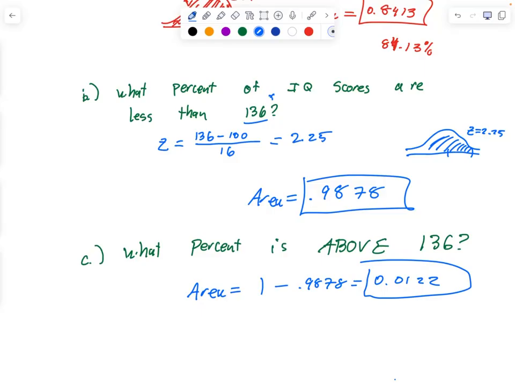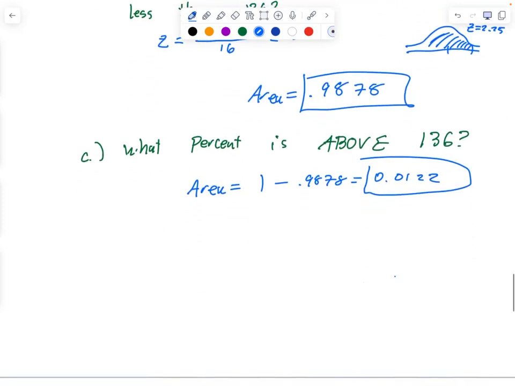To find the area between, yes, subtract the areas below. So my answer for area between is 0.9878 minus 0.8413. We just subtract the two answers.